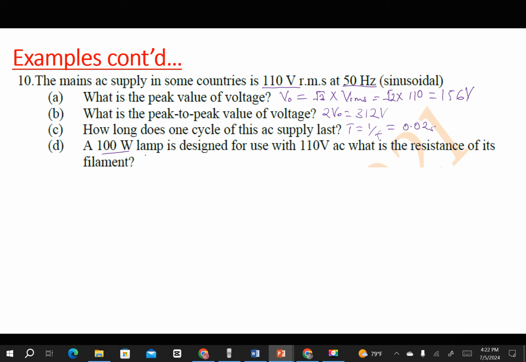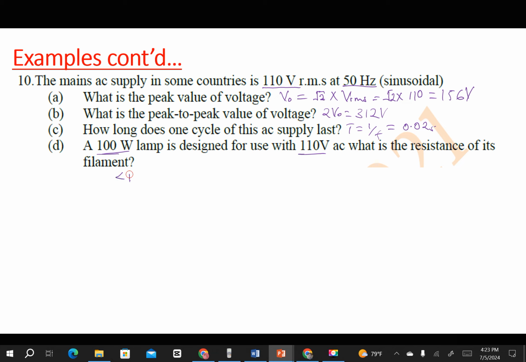A 100-watt lamp is designed for use with 110 volts AC. Remember I said whatever is quoted is root mean square. So they have said 110 volts AC, that is root mean square. What is the resistance of the filament? The power which is given is always average power.